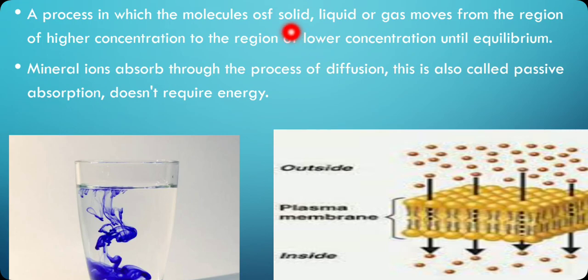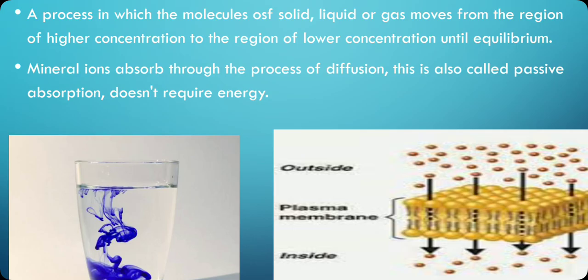Here the molecules of solid, liquid or gas move, but in osmosis only liquid, or I can say water molecules, move. And in osmosis there is a semi-permeable membrane, but in diffusion no membrane is required.